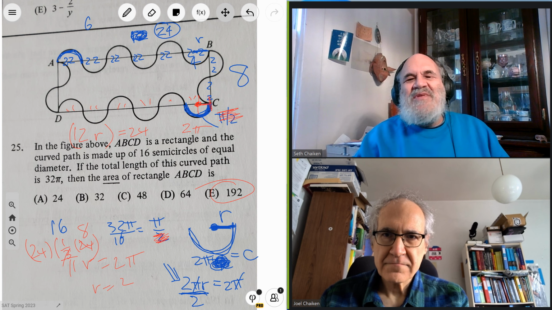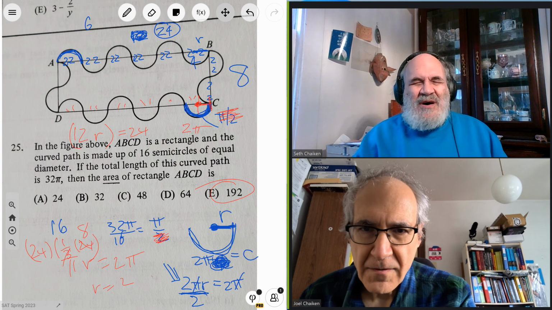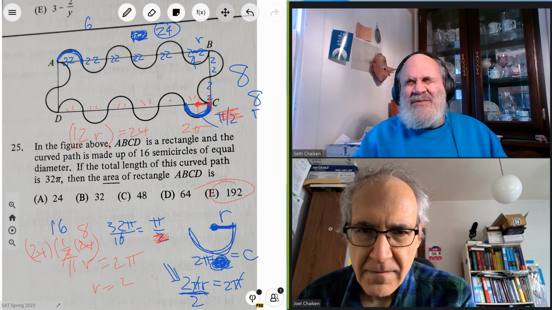The number of up and downers in the whole thing is three on the top, three on the bottom makes 6, and 2 on the sides makes 8. So we have 8 full circles. So one way is to think of it as 8 full circles. Another way, 16 half circles.